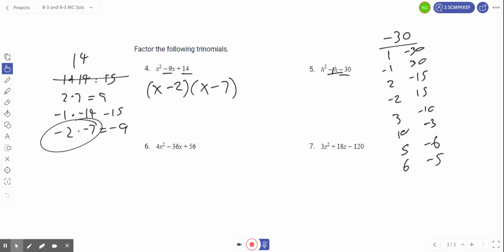So those are all the factors. If I add them up, I can see the one that adds to -1 is going to be this one. So my factors here are going to be h minus 6 times h plus 5.